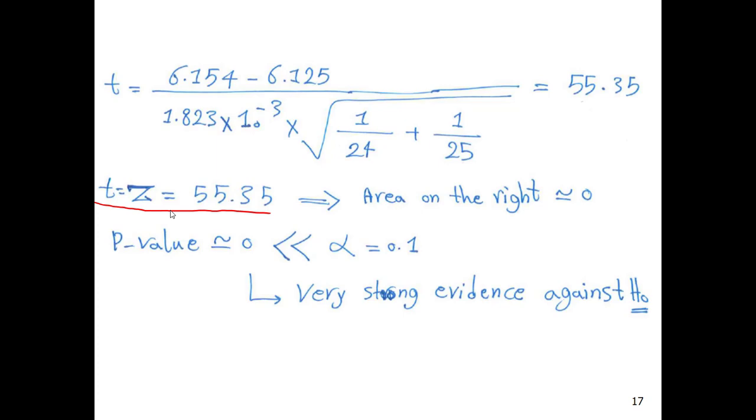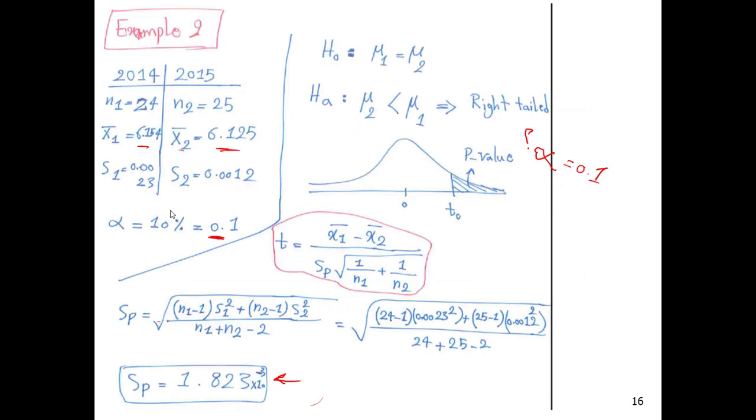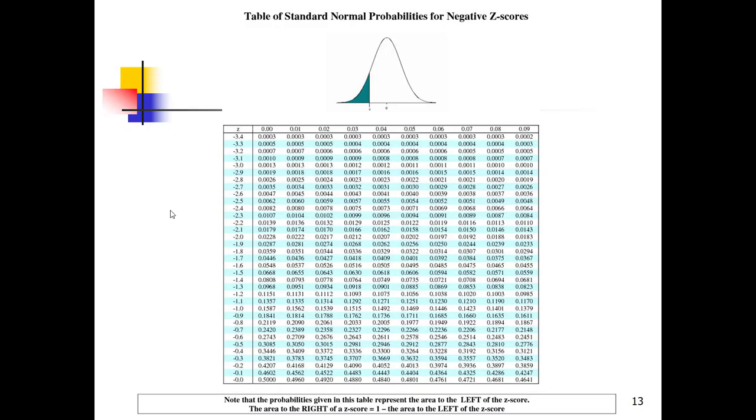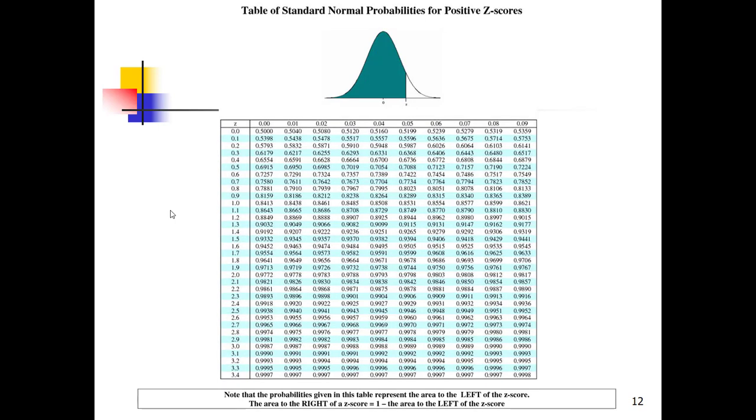Let's go to the z table to see if we can find that area or not. This is a negative z. Our z is a big, positive z. The maximum positive z that we have is 3.4. 3.4 is somewhere here.